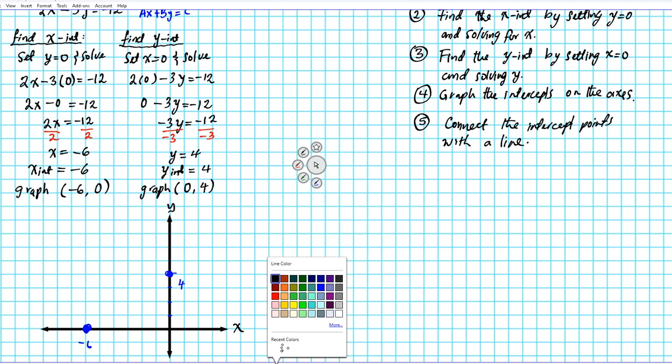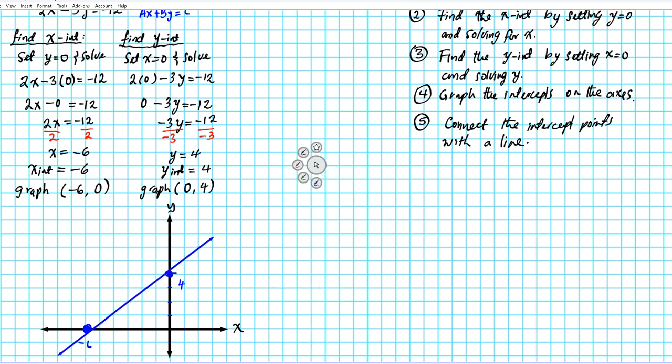All right, so make it blue. Like that, bam, and there goes your line right there. That's the line of the equation that is given. Okay, so this is the line of the equation. 2x minus 3y equals negative 12.